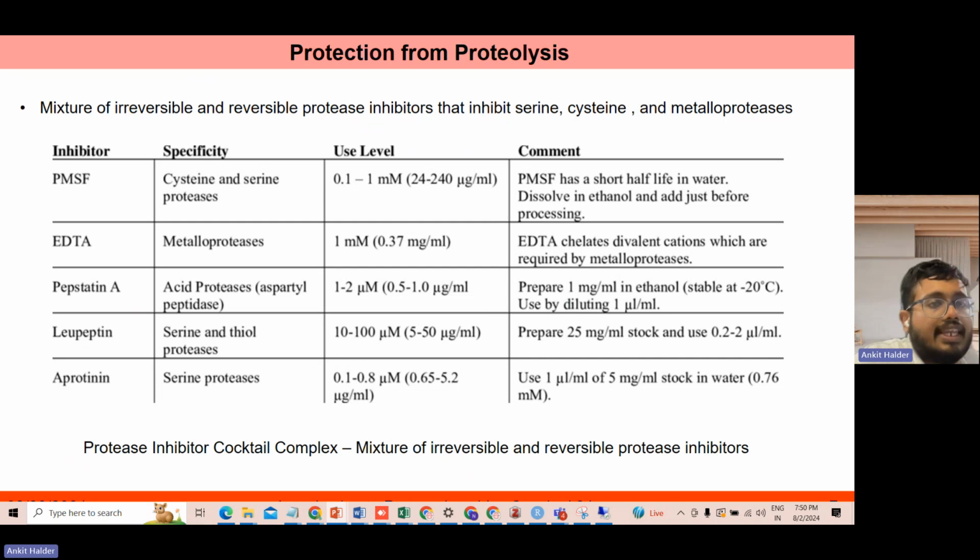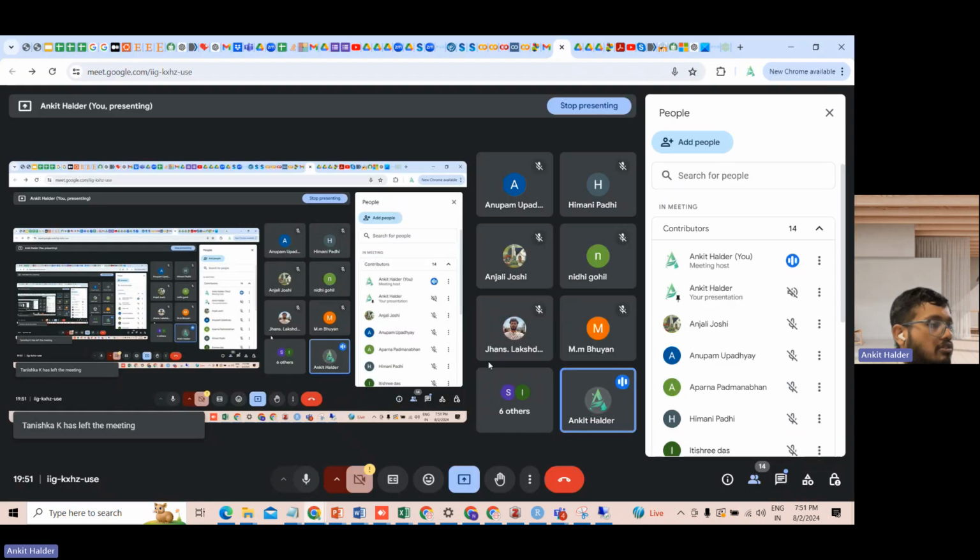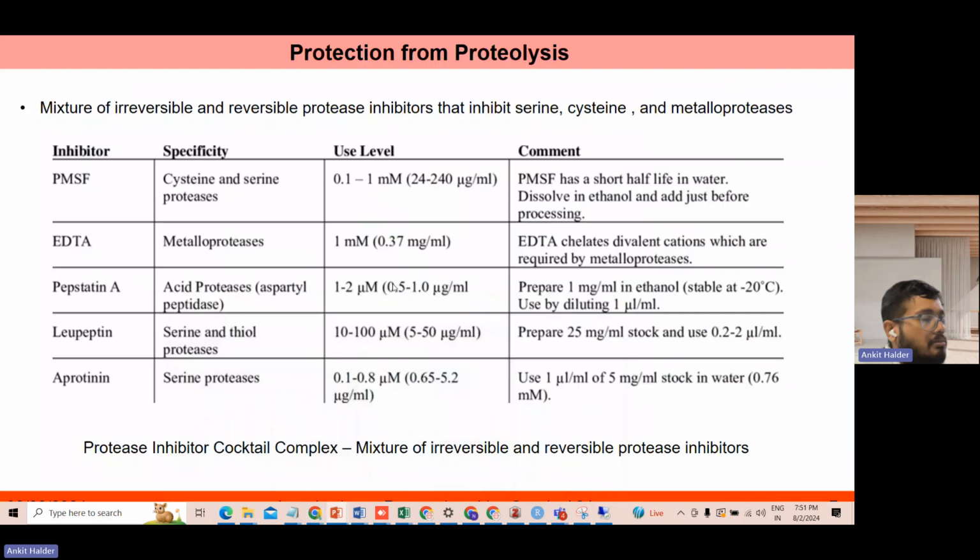that ultimately will help so that, at the biological level, our proteins would be saved. Among these are inhibitors like PMSF, whose specificity is cysteine and serine proteases, and the use level has also been given, because we have to use it in a very moderate quantity so that it works as well as we get the results.